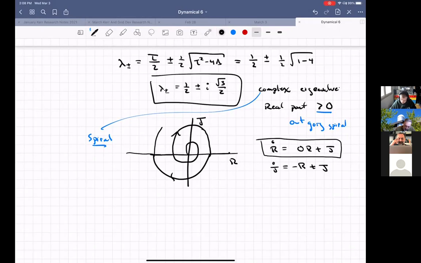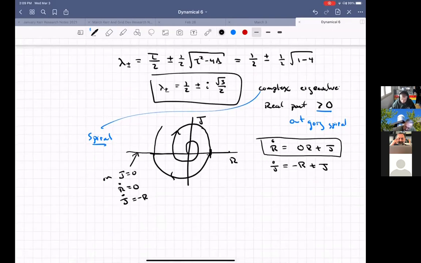So the R axis is where J is equal to 0. That makes sense? Yep. So on the R axis where J is equal to 0, R dot is 0 by the equations. And J dot is minus R.